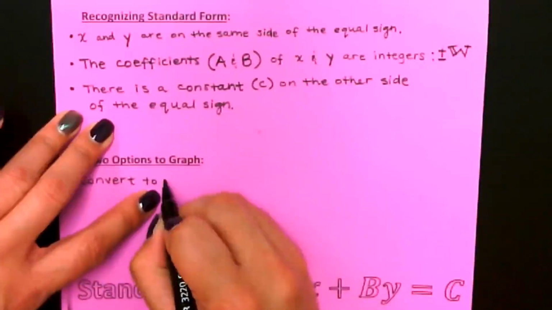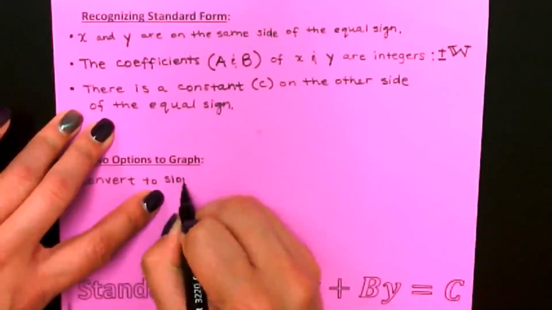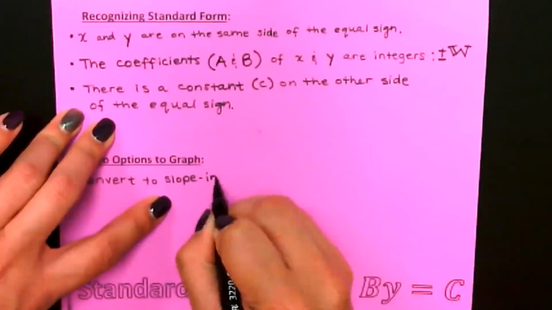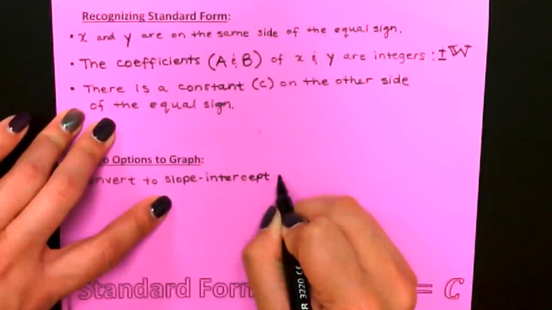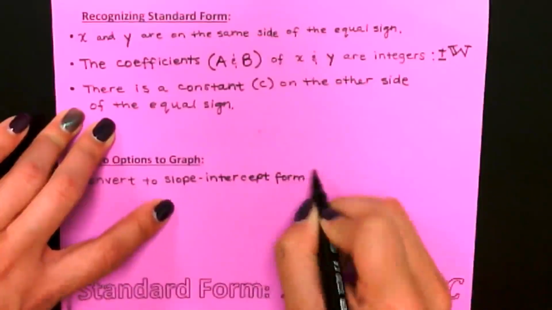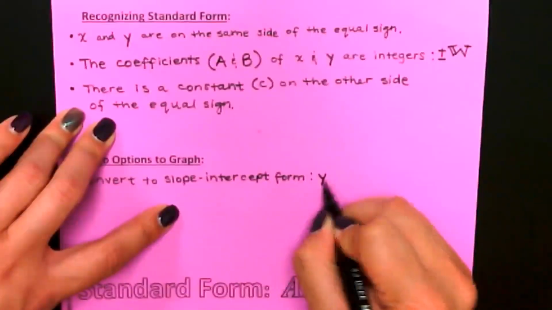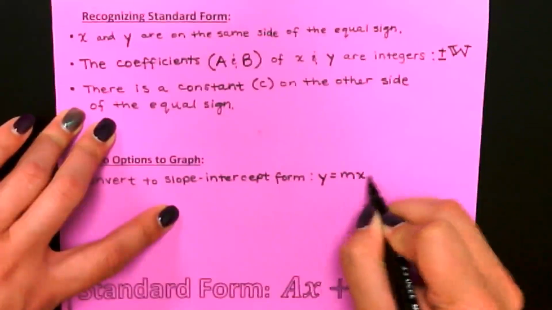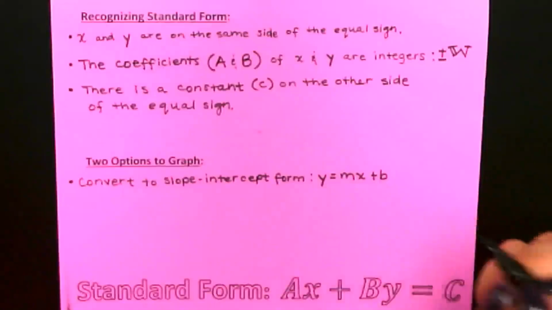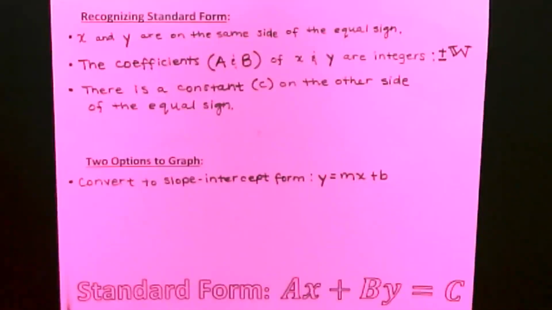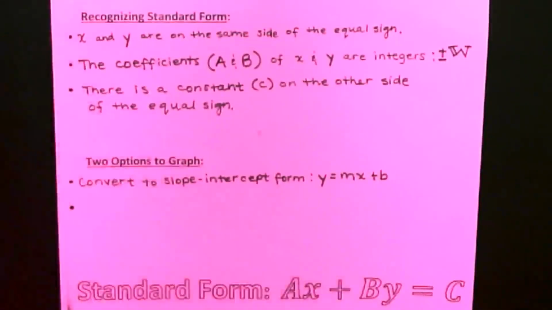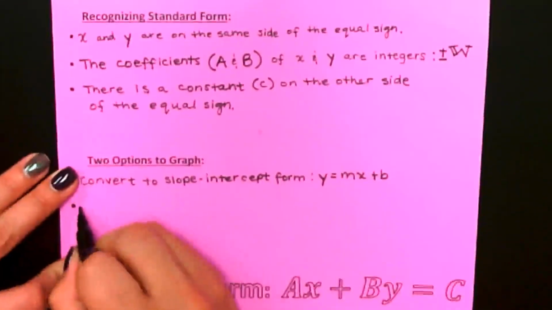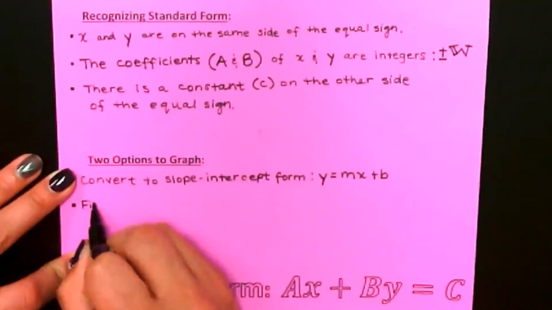The easy peasy y equals mx plus b. So that's one option.